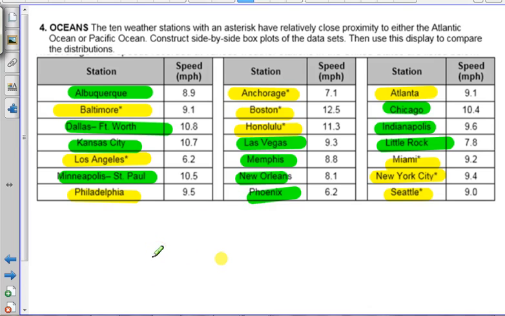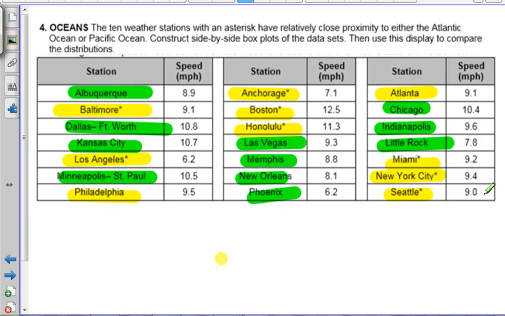Now we're going to go over to list 2. Ready? They claim these are all near either the Pacific or Atlantic Ocean. 9.1, 6.2, 9.5, 7.1, 12.5, 11.3, 9.1, 9.2, 9.4, 9.0.